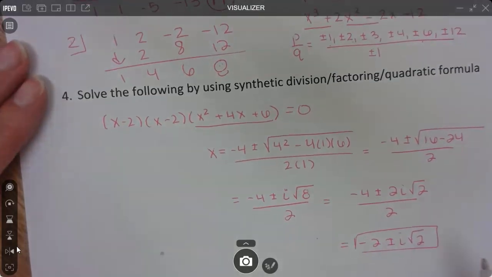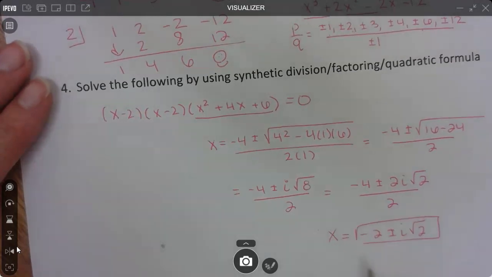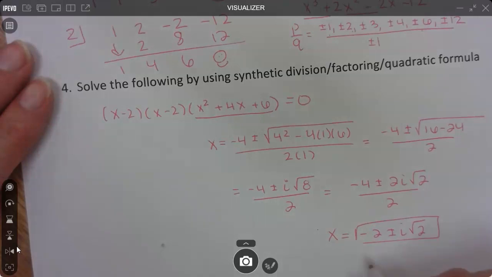And we see that we get 2 imaginaries. So my 2 imaginary roots are negative 2 plus or minus i square root of 2. And my reals are both at x equals 2, and they are repeated roots.